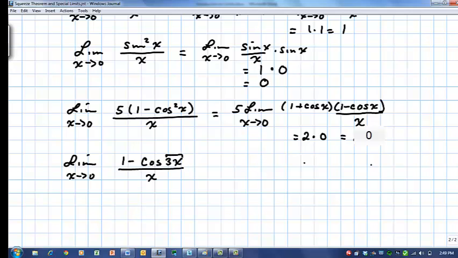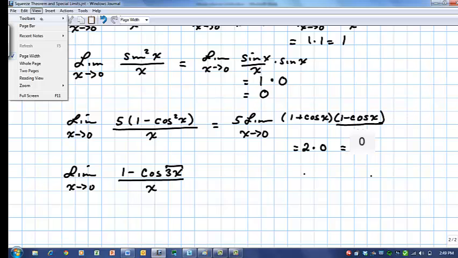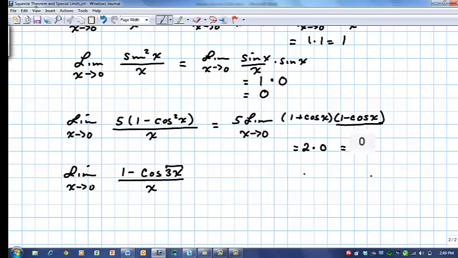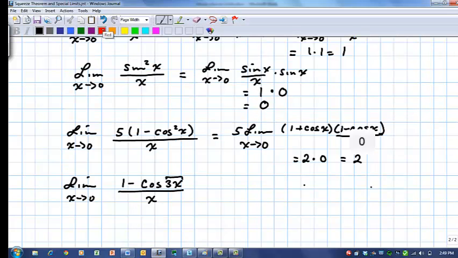But since it's the cosine of 3x over x, I can't directly apply it. What I can do is multiply top and bottom of this whole thing by 3.